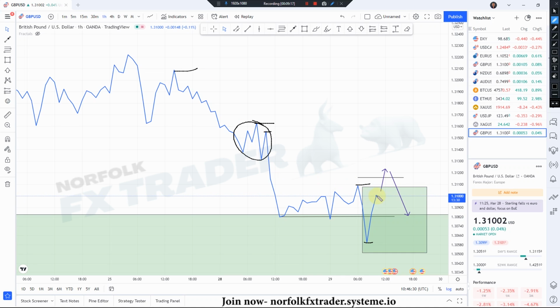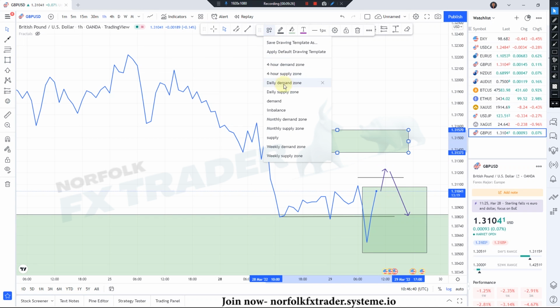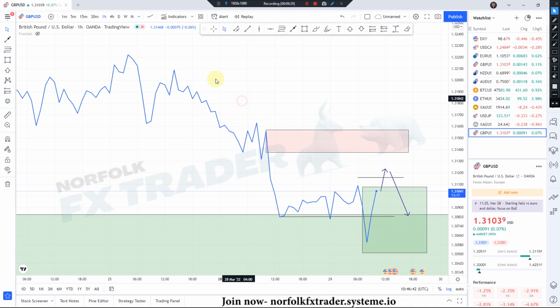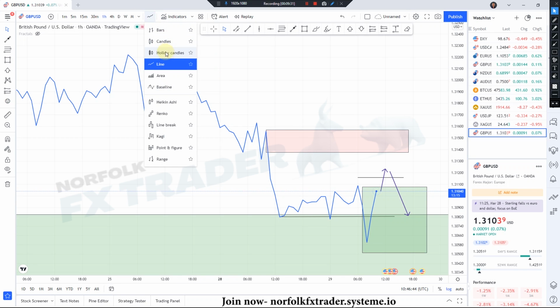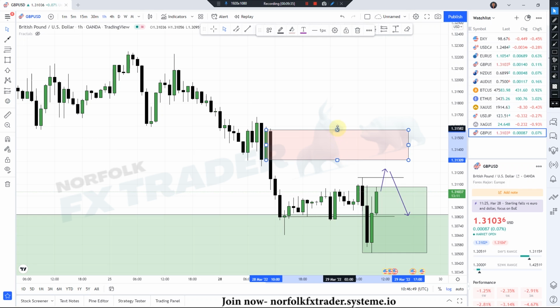So if we were to see price rally from here, where would you expect price to go? Now, if you're looking at this as an area of potential supply on a 1 hour time frame, you would be correct. If we now go back to the candlesticks, you can see that this is a 1 hour area of supply.